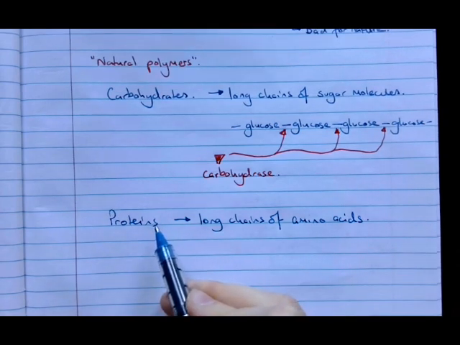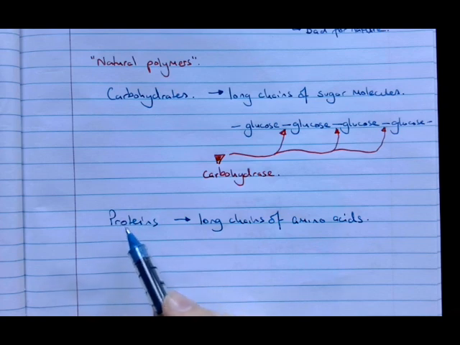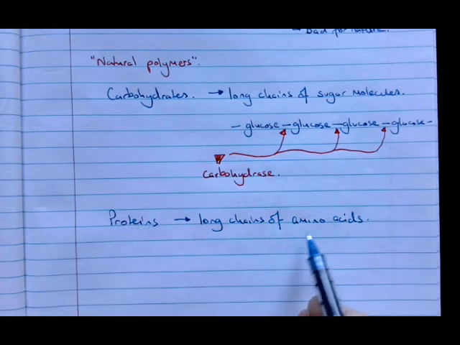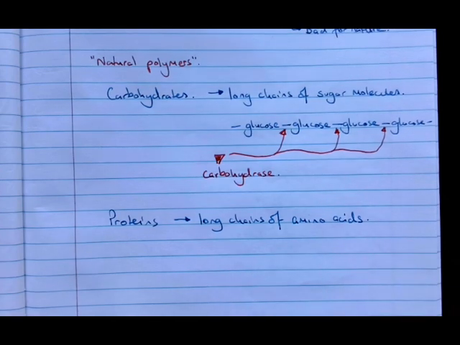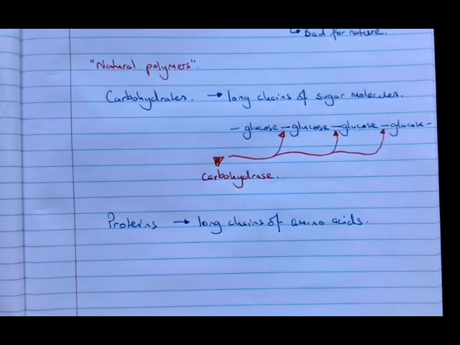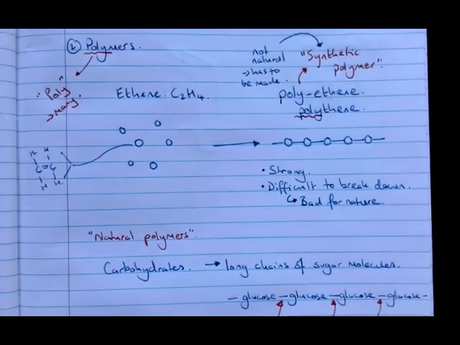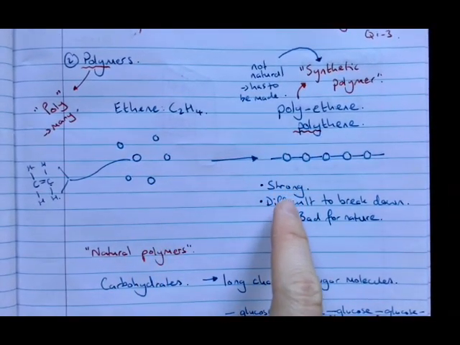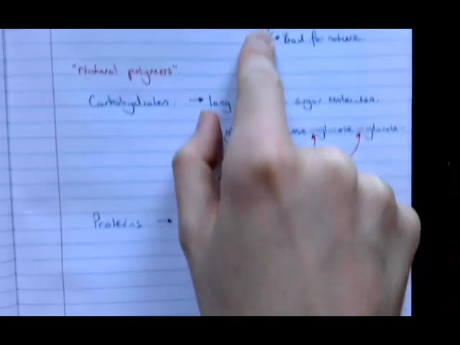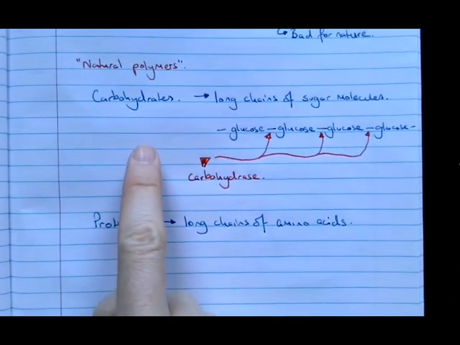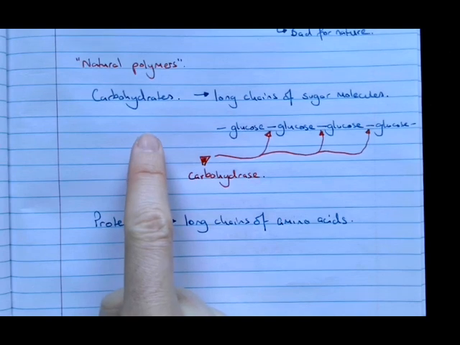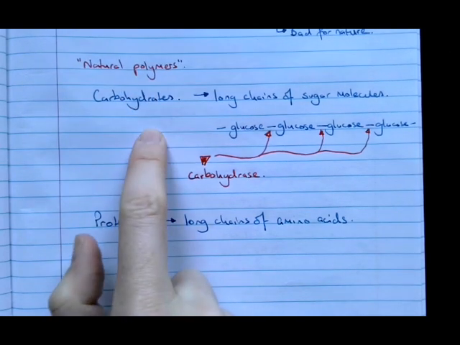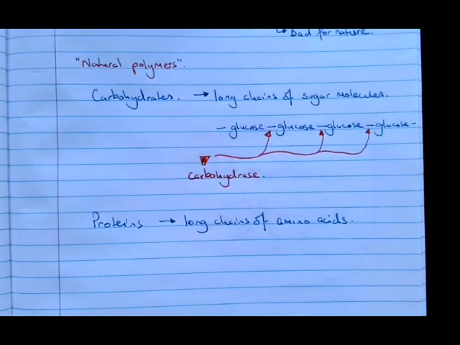Protease, the enzyme, comes in and breaks down the proteins into individual amino acids, which can then be absorbed into the body. So we've got two types of polymer. We've got our synthetic polymers that we make, typically plastics, and we've got natural polymers that occur in nature and in the human body, like carbohydrates and proteins.